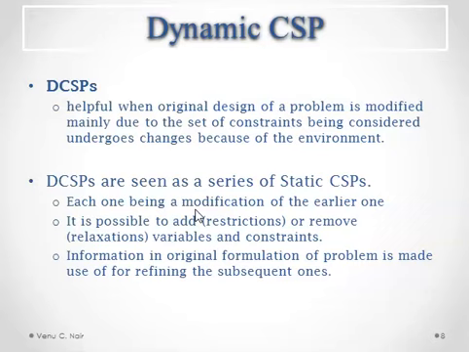So 1, 2, 3, 4 and 5, when they are taken independently, are of static nature. When one static CSP is executed, it forms the base for the formation of the second static CSP, and we have a change there.